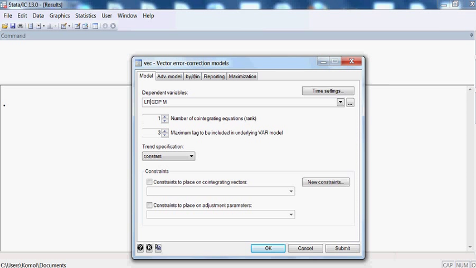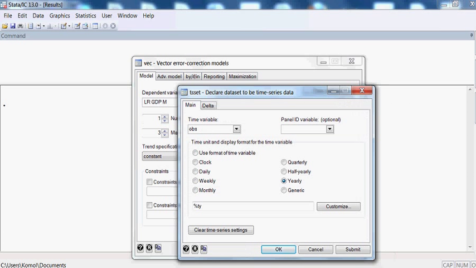LR is the dependent variable, and this one is actually our error correction model. And here I take the constant, then in time settings I put observation as before, then I select yearly as before, then click OK.